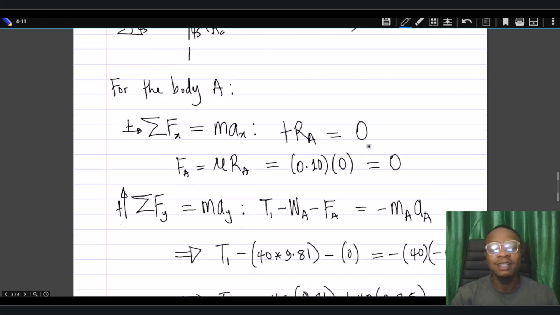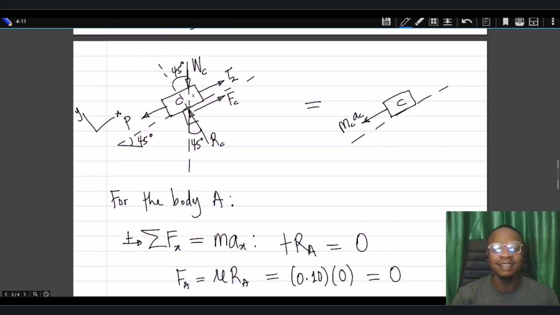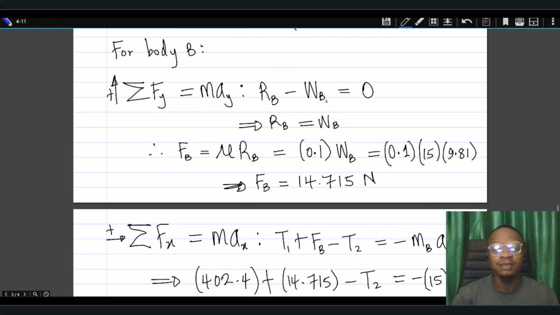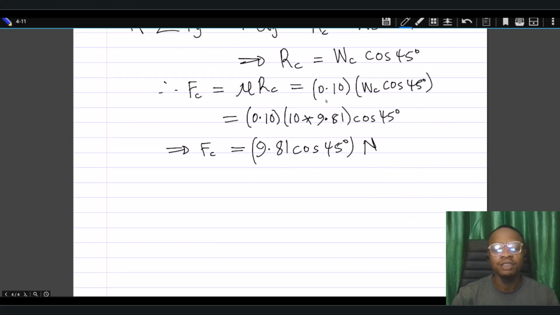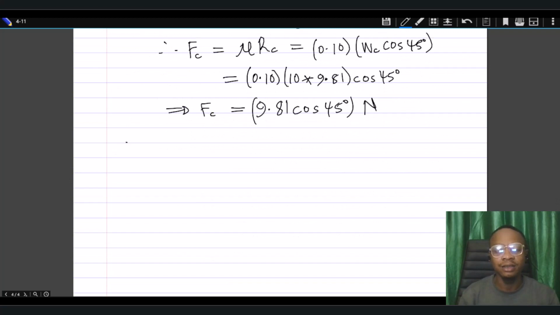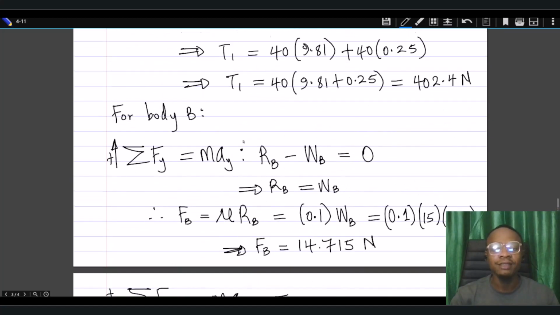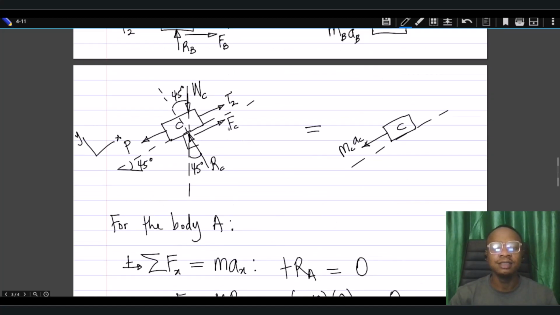We can now take the summation of forces in the x direction, that is along the incline for this case. And when we do that, what do we get? Summation of forces in the x direction, taking up the incline as positive, should be equal to mass multiplying acceleration in the x direction. So what do we have there? That is T2 up, then P is down, so that is negative.